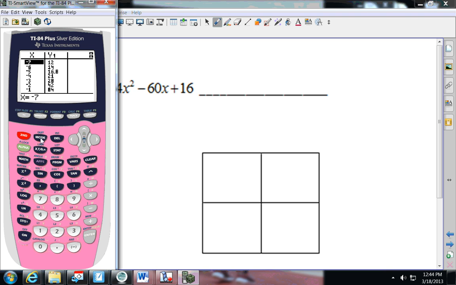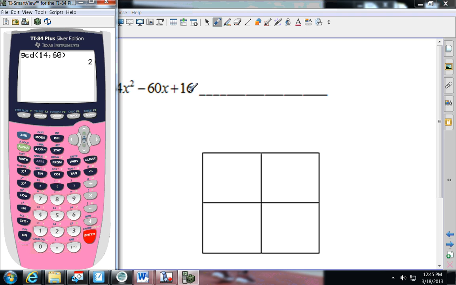I'm going to go back into the home screen. I'm going to go math, arrow over to number, press 9, and I'm going to put in a 14, comma, and I can either do 16 or 60. It doesn't matter. I'll go ahead and do 60 and press enter. And it tells me between 14 and 60 the GCF is 2.